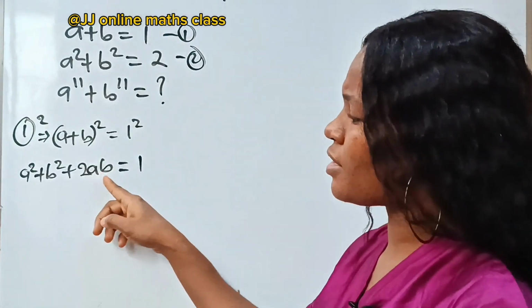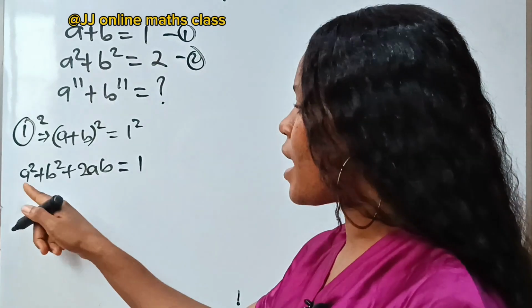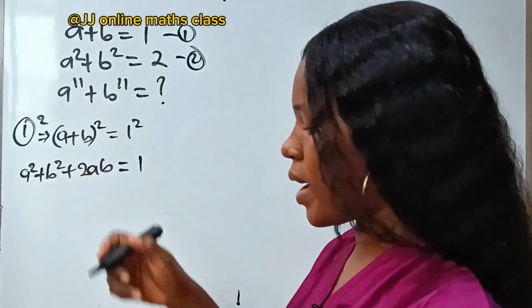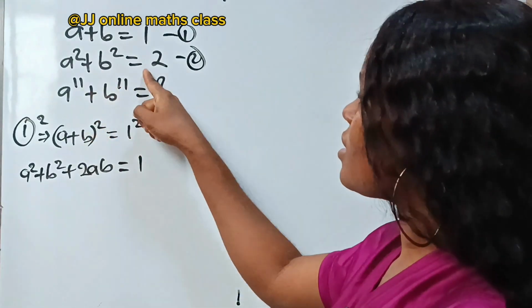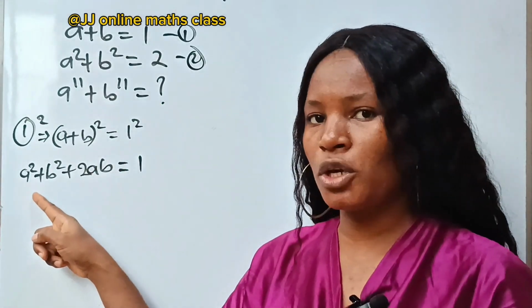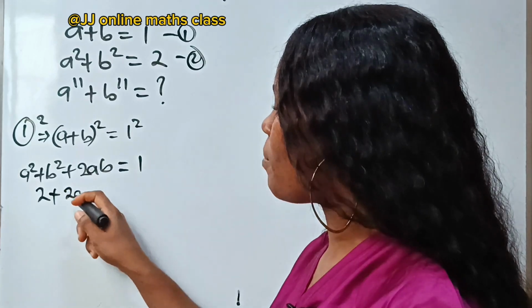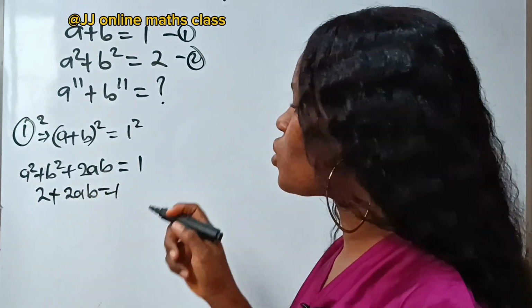Remember I told you that our intention is to get AB. Now we have that a squared plus b squared is already given as 2. So we substitute that into this equation, and we have 2 plus 2ab is equal to 1.